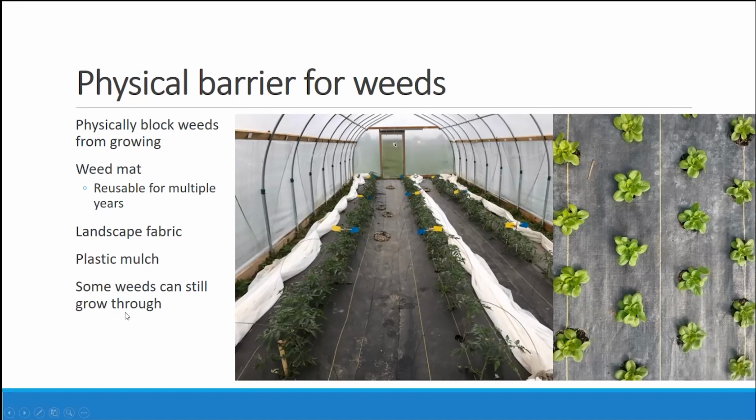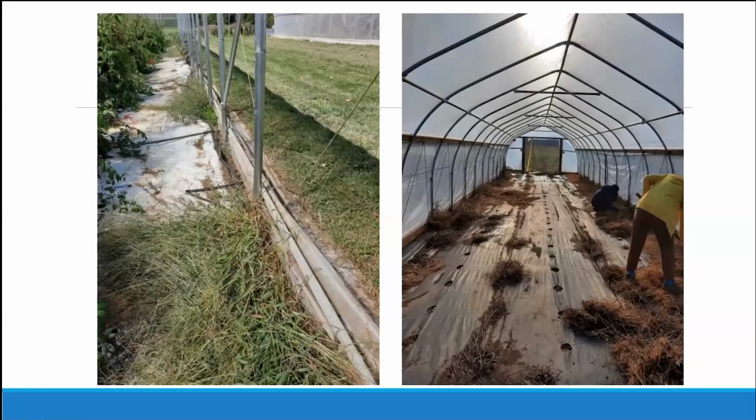And as I said, some weeds can still grow through this weed mat or up along the side, right? So just beware of that. It's not a foolproof barrier. And here you can see this again, right? This grower is using a thick polyethylene cover. It's not like a woven weed mat.